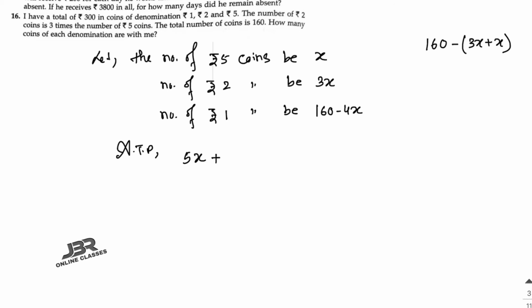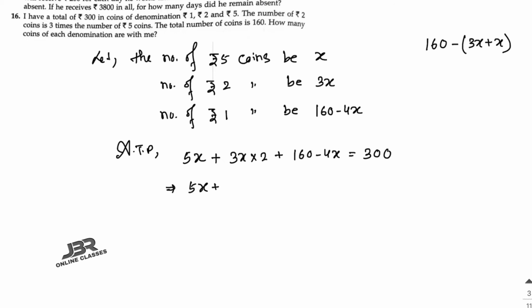Clear? Now similarly, one 2 rupee coin means 2 rupees. Two coins means 2 into 2, 4. Three coins means 3 into 2, 6. So here 3x means 3x into 2. And next, 160 minus 4x, because those are only 1 rupee coins. So that equals 300 rupees.